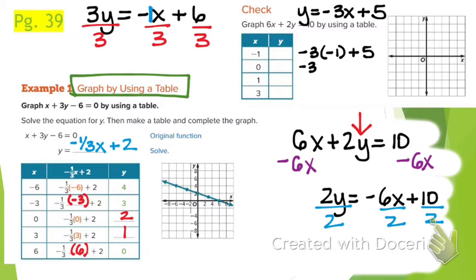And then negative 3 times 0 plus 5. Negative 3 times 1 plus 5. Negative 3 times 3 plus 5. So go ahead, take your calculators and find these 4 numbers. And then we're going to graph them.